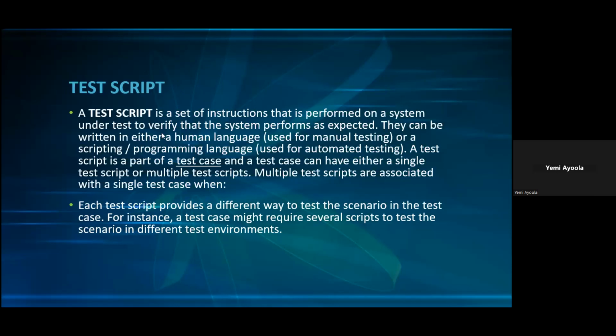For instance, a test case might require several scripts to test the scenario in different test environments. Both manual and automated scripts exist to exercise the test script, so you can use both of them.